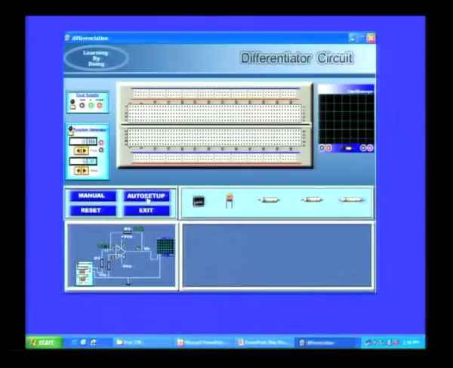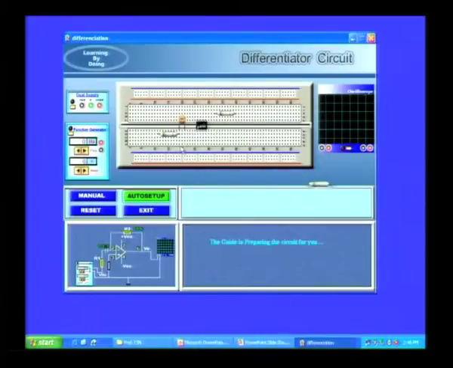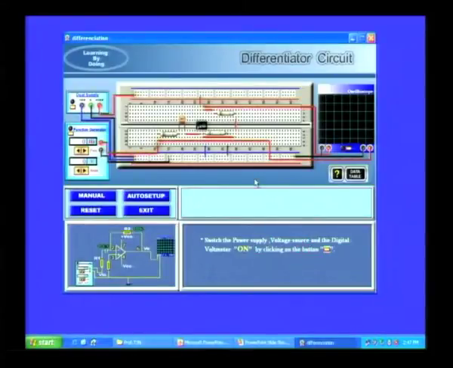Now, I make auto setup, that means the op amp goes in and the various components will go and occupy the appropriate predefined places, and all the wiring is being done with reference to the power supply, the input voltage or the function generator, and the oscilloscope, etc. So, for reference I have also shown you the actual circuit on the bottom screen here.